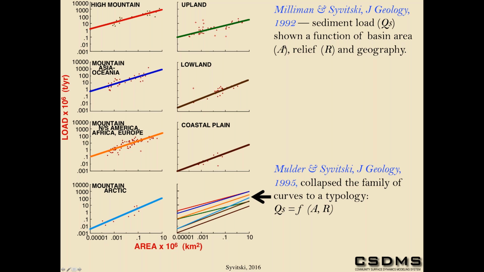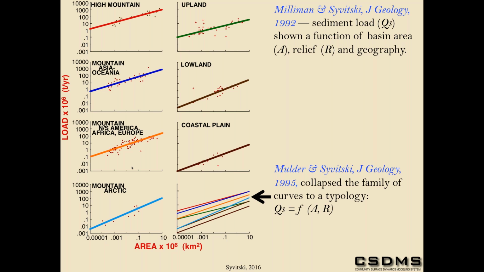If you look at this diagram that was published in this now famous 92 paper, John Milliman had this great database at the time, and he broke the world up into those with very high mountains, and those with mountains between 1,000 and 3,000 meters of elevation. He subdivided that into Asia and Oceania, another one on Americas, Africa, and Europe, and another one on the Arctic. He did this for a wide variety of reasons, and you should read the paper to see why, but he did that.